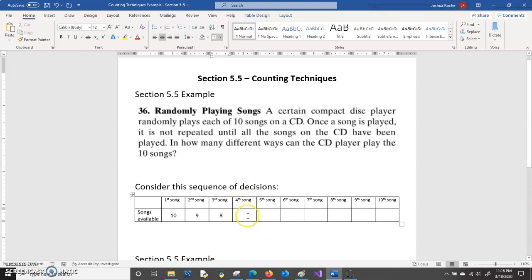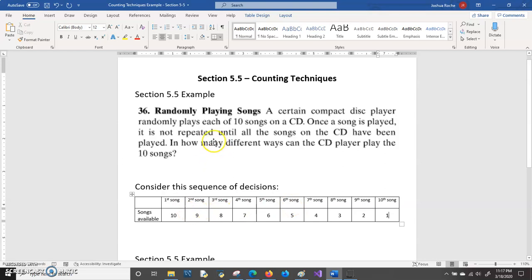On the fourth song, there are 7 songs to choose from that haven't been played. On the next one, there are only 6 songs left to choose from, and then 5 songs, and 4, and 3, and 2, and then by the last song, it only has 1 left to choose from because it's already played all of the other songs.